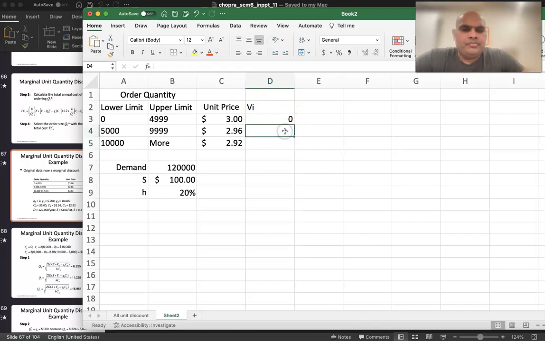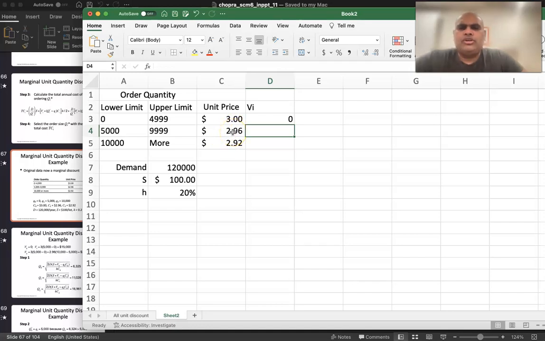Now V1, what we're calculating for V1 here is, what if I order exactly 5,000 units? Then for the first 4,999 units, I am going to pay $3, and for the last one unit, I'm going to pay $2.96.